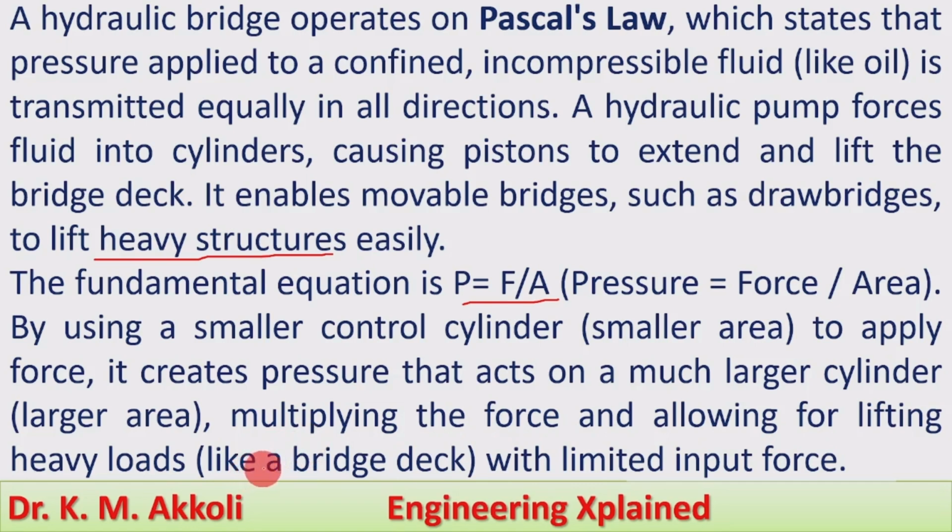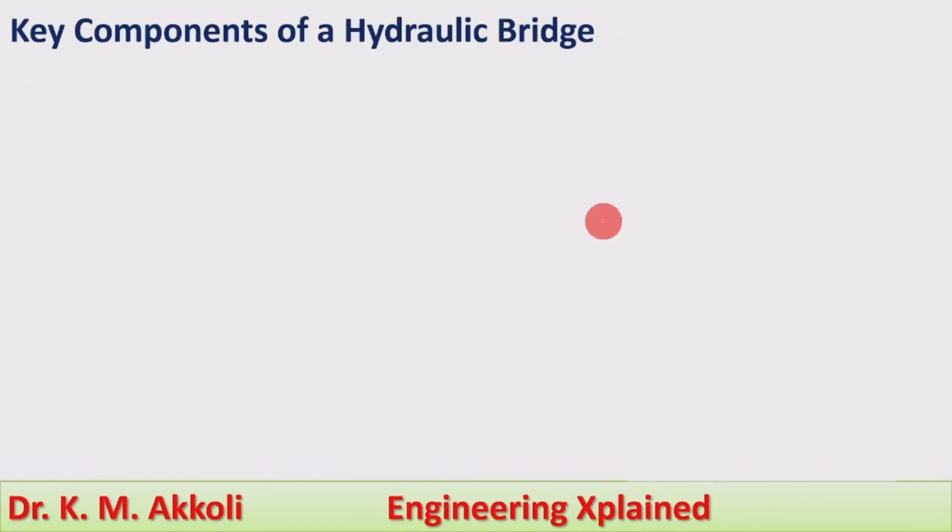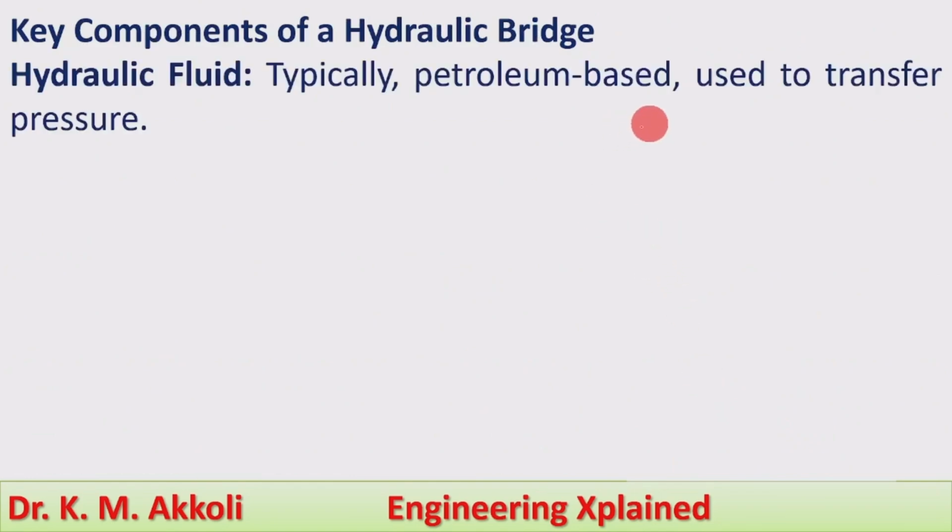And here for the hydraulic bridge, the lifting of the bridge deck will take place with limited input force. With a small input force, we get a much larger output force from the hydraulic system.